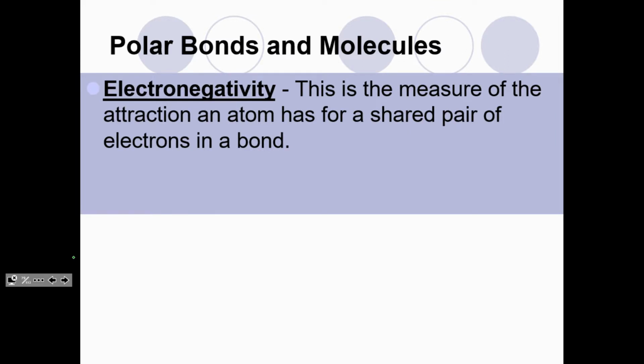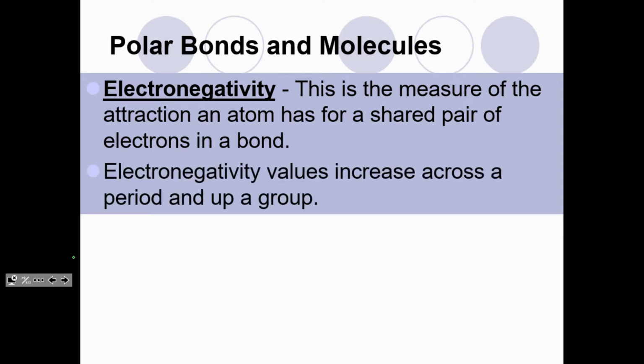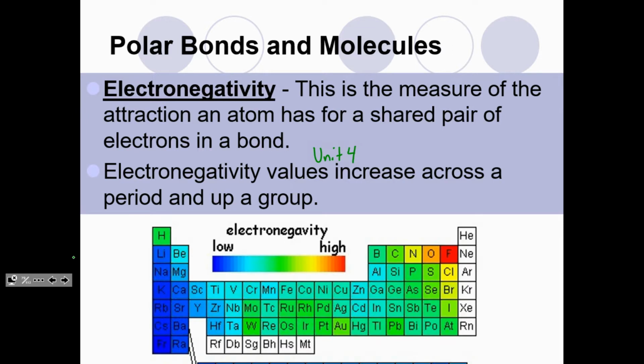So if we wanted to get real specific, we can actually look at a chart of electronegativities, which is a measure of the attraction of an atom for a shared pair of electrons in a bond. And in Unit 4, we covered the periodic trends. And so using colors, visually we can see that generally, as you move across a period and up a group or a family, we have an increase in electronegativity.